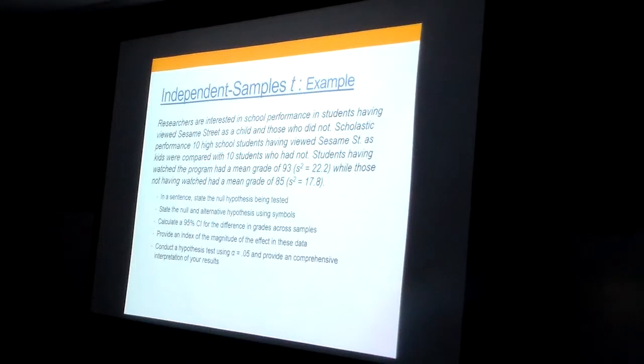So here, we've got the square root of 20 over 10 plus 20 over 10, which gives us what? 2. Beautiful round numbers. Okay, perfect. All right. So now we've got our standard error.